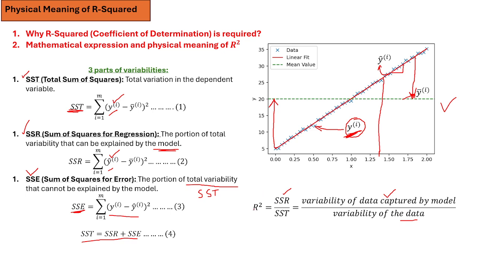So R squared basically means how good our linear fit, or our linear prediction line, has been able to capture the variability of the actual data set Y. If it's able to completely capture the variability of Y, SST will be equal to SSR, because of these two equations, equation 1 and equation 2.